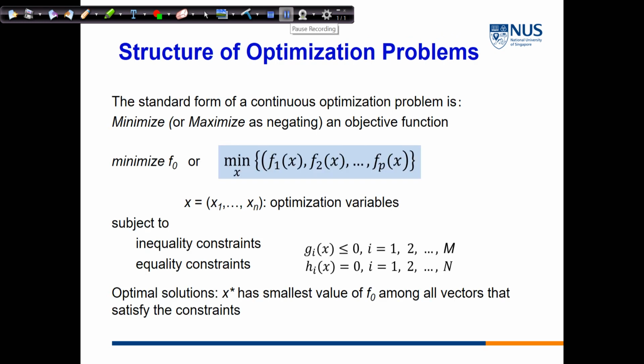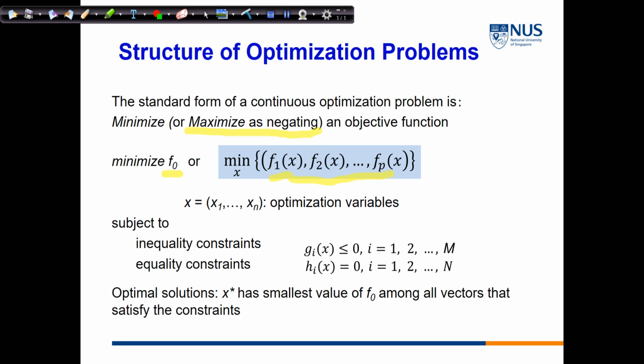Okay, so the standard form of a continuous optimization problem, let's start with the continuous first, is to minimize or maximize. As we say, maximize is just to minimize its negative value. So it's the same. So we just use minimize its objective function. It can be a function of f, or you can write it as multi-objectives.